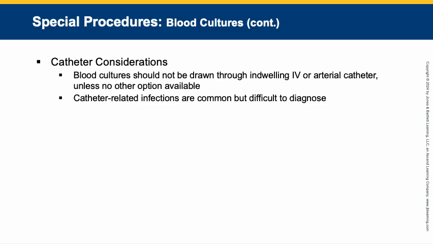So when you do have to collect them from a VAD, a vascular access device, you're going to draw one set, if possible, by venipuncture and just one through that catheter device. Okay, so remember, we're going to get it in sets of 2 or 3. So if you do this, we don't really advise it at all, but if you do it, only one set needs to be through that device, with the other set being an actual venipuncture, just because of the possibility of high contamination rates.